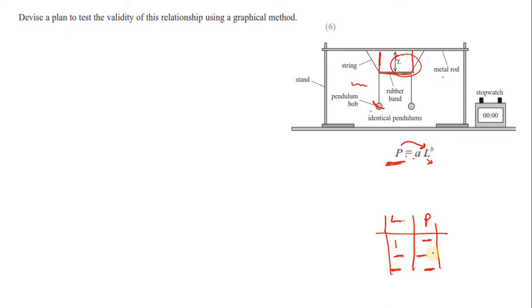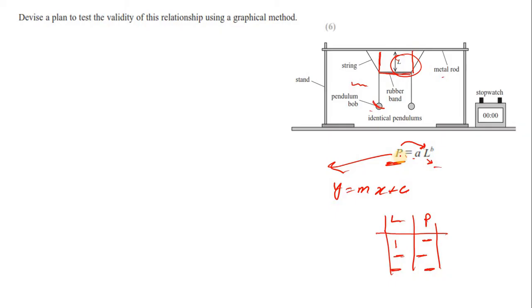Now what will you do with the set of data? Look at that. This is an exponential equation, and if you see this equation, you can rearrange it in y equal to mx plus c form.